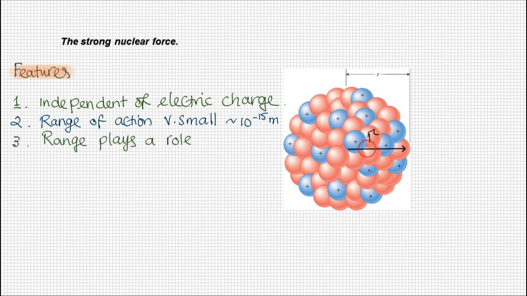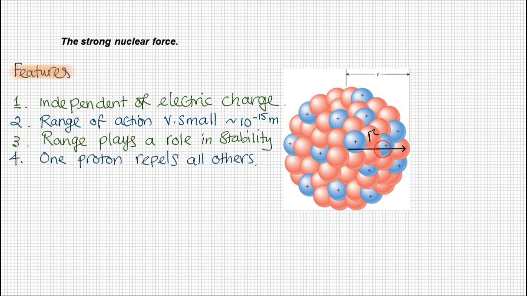Thirdly, this range plays a very important role in the stability of the nucleus. As the nucleon number increases, the volume of the sphere representing the nucleus increases, and therefore its radius increases, causing the strong nuclear force to be weaker, and it has less ability to hold everything together as it would otherwise.